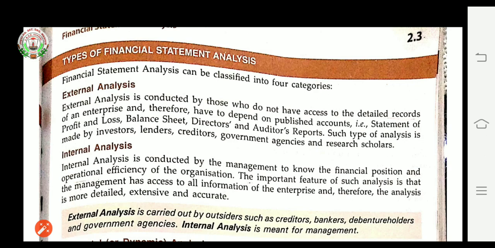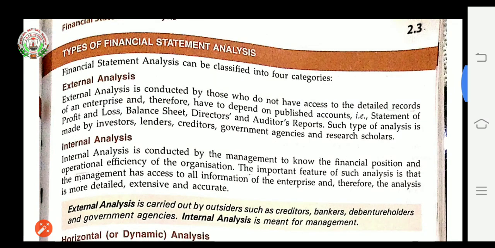The detailed records, such as liabilities, assets, journal and ledger, they cannot see, and therefore they have to depend on the published accounts like the statement of profit and loss, balance sheet, and directors' and auditors' report.